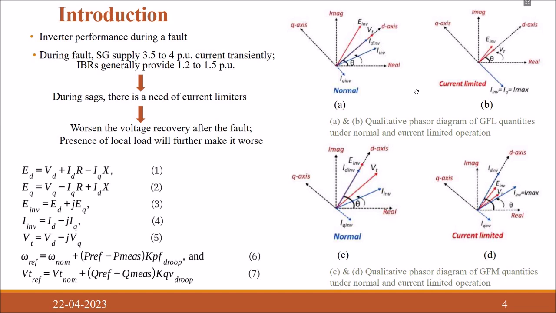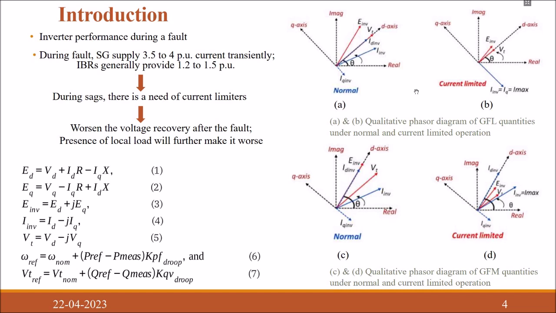Because of that, when there are faults in the system, we need to design current limiters. The moment the current goes beyond the values of 1.2 to 1.5, the power electronic switches in our inverters will burn and damage the inverter.